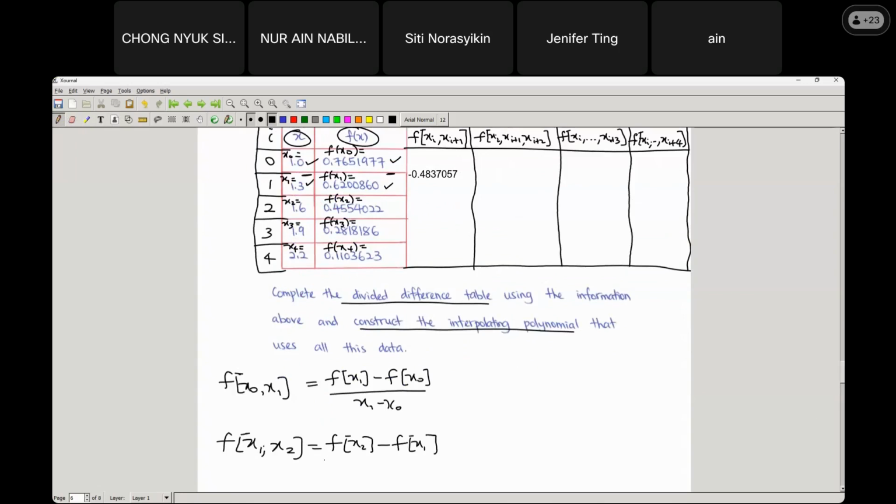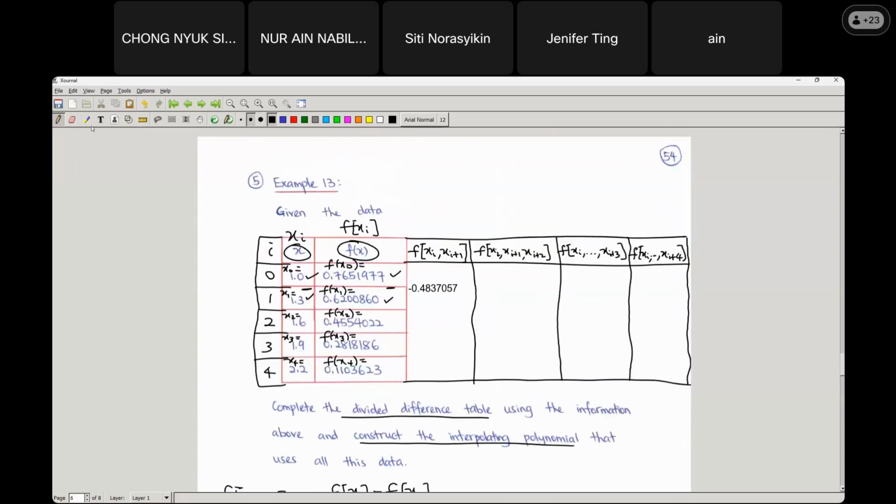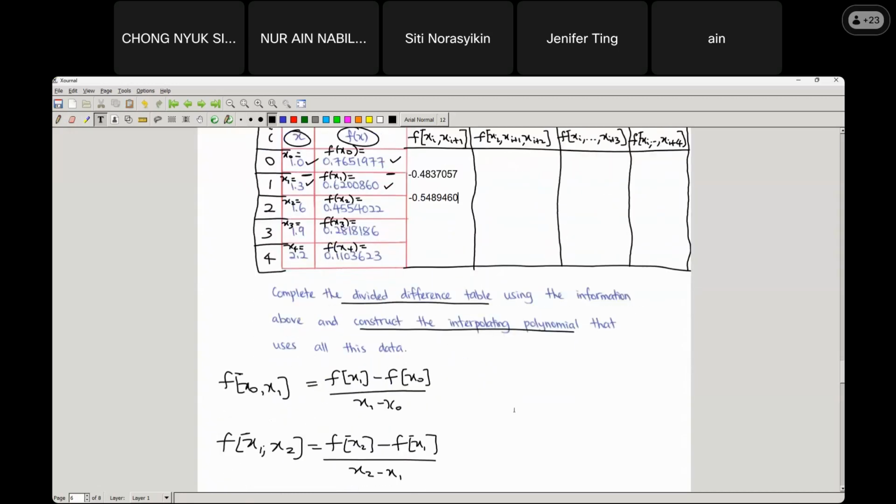I am not going to write the formula; you can refer to your notes. So I give you the answer here: negative 0.5489460. I do these two for you, then you can check it out. How do we get this? What is our f(x1)?